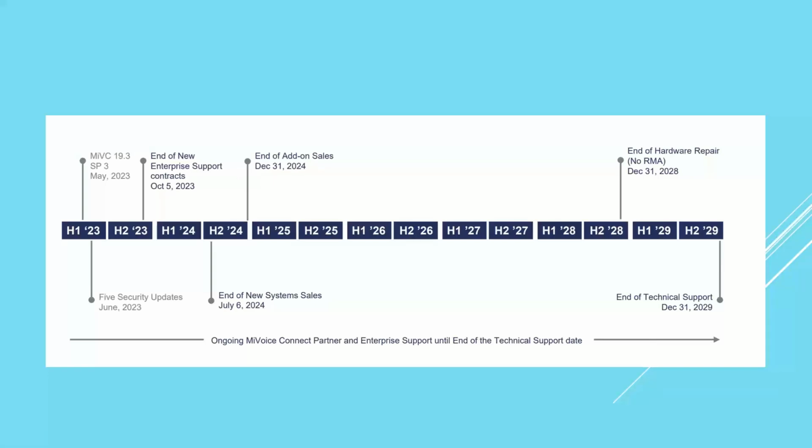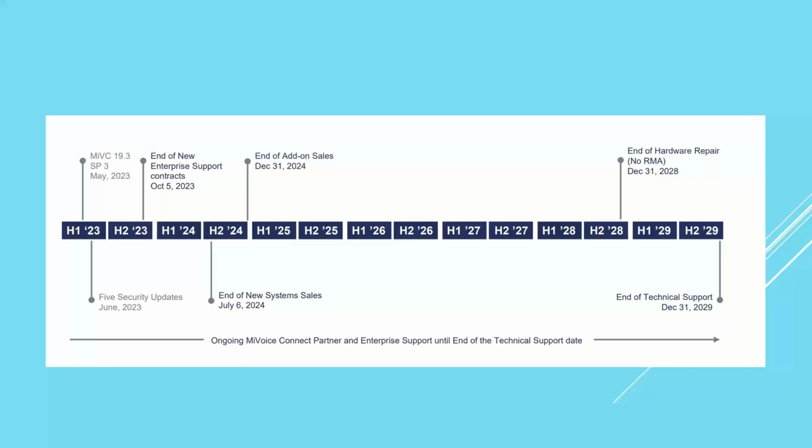This is going to be important because after that date, we're not going to be able to sell any new licensing or new components at that point. So that's new hardware, including new phones. That includes software licenses for even just users, things like that.